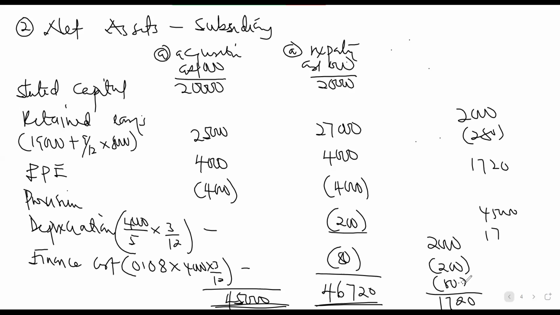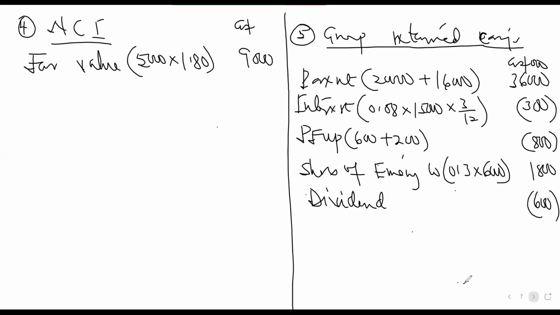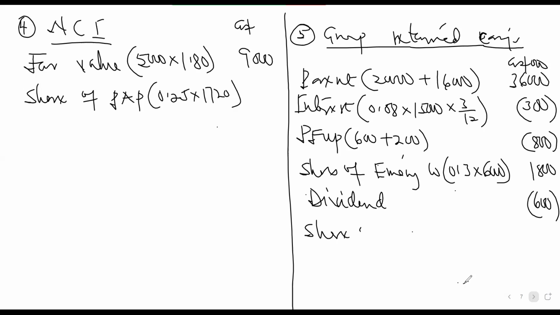So you are having 1,720 as the post-acquisition profit. So you come here, you have the share of PEP. That will be 0.25 multiplied by 1720. This is the profit for the subsidiary.